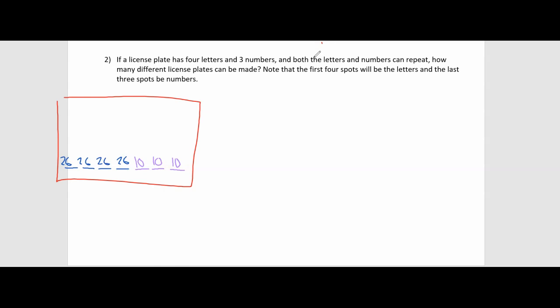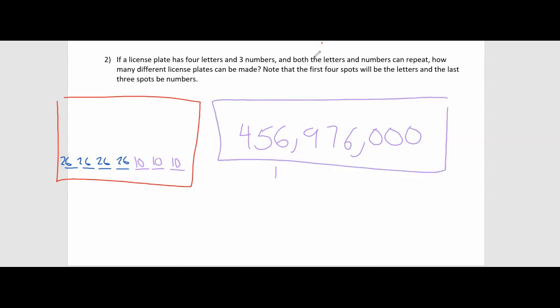So if we know all of the outcomes for each possible event, then we can just multiply all of those possible outcomes together, and that gives us 456,976,000 total outcomes.